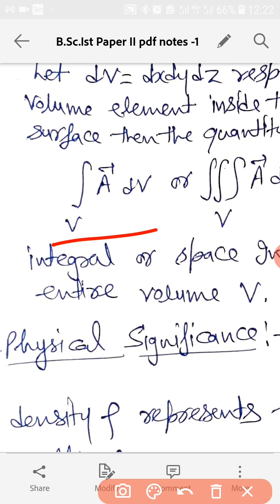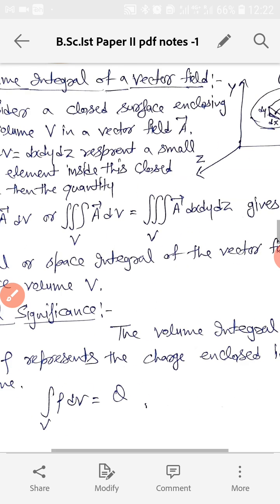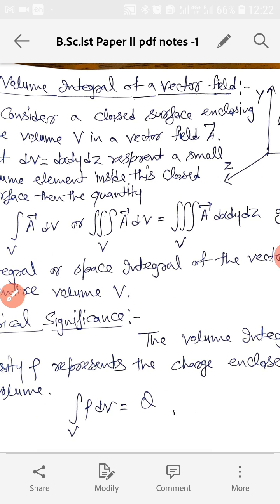Because in volume there are three dimensions x, y and z, sometimes we represent this as three integrals over the volume. If it is a surface, there are two integrals, but in general we denote this simply by a single integration sign and put a suffix there.